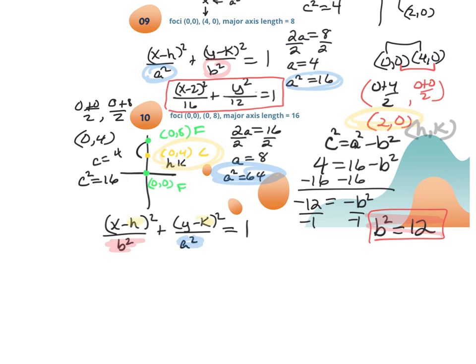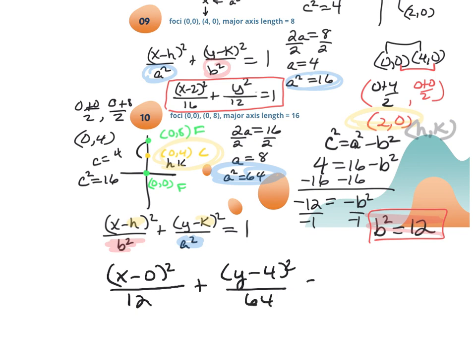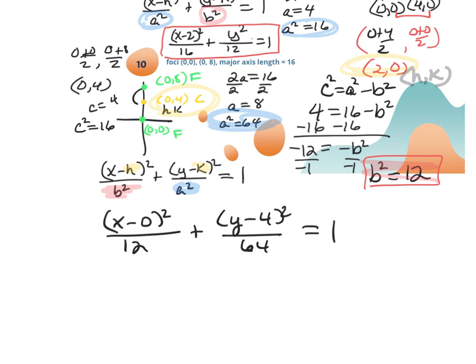So it ends up being X minus 0 squared over 12 plus Y minus 4 squared over 64 equals 1. And again, you can simplify that X minus 0 and just make it an X squared.